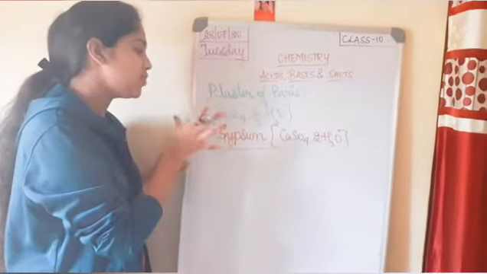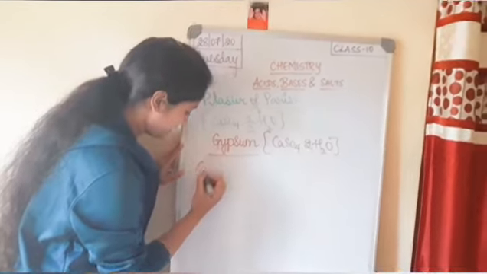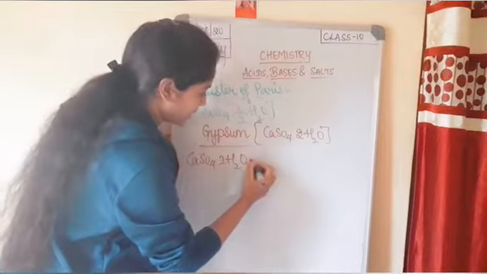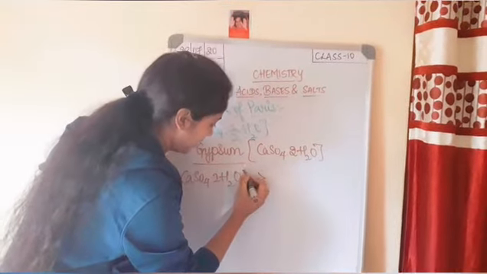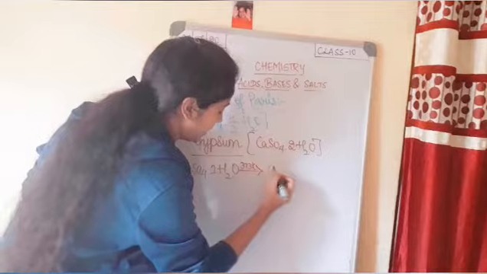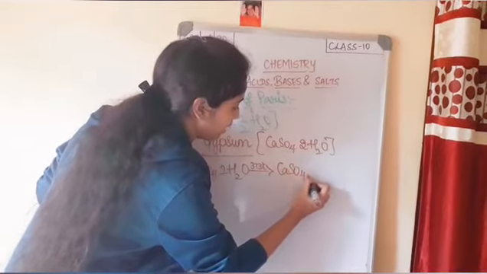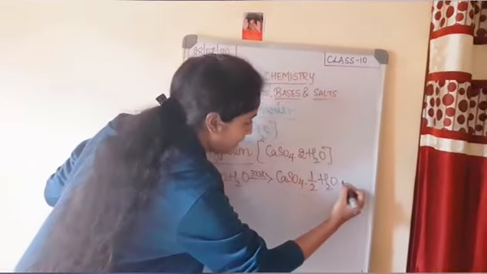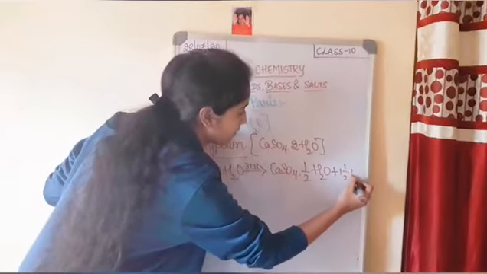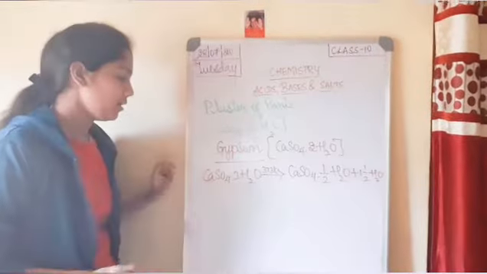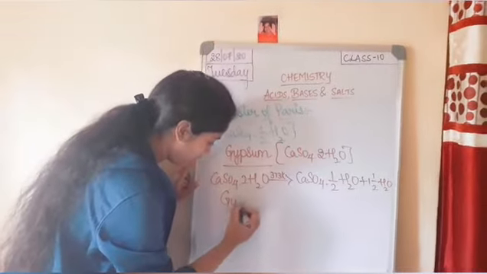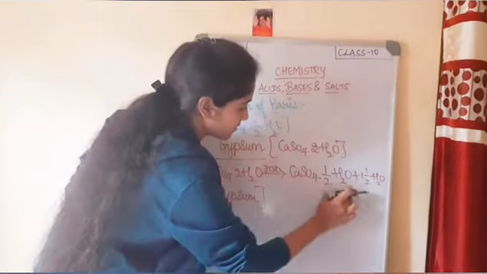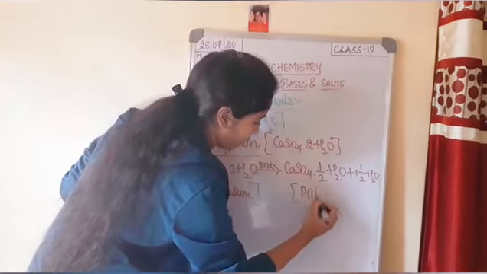So when gypsum is heated, that is CaSO4·2H2O, at 373 Kelvin, it gives CaSO4·½H2O, that is hemihydrate, plus H2O. Now this is gypsum and this is plaster of Paris, POP.